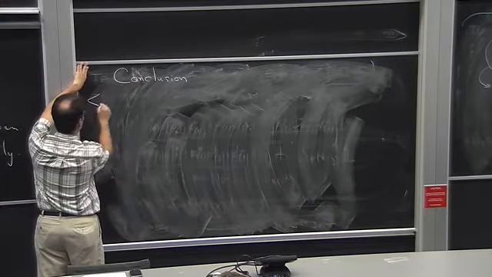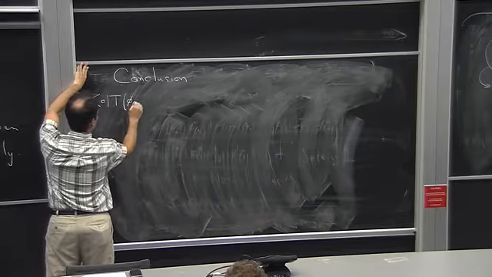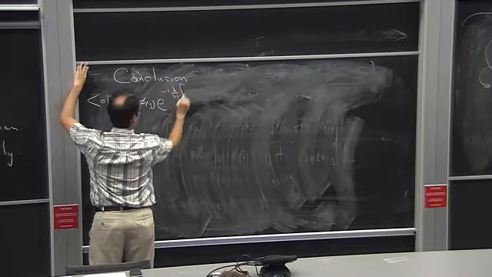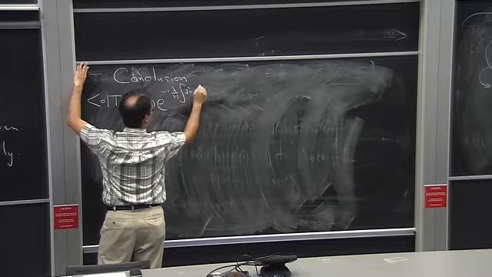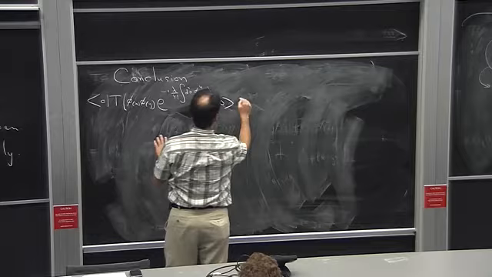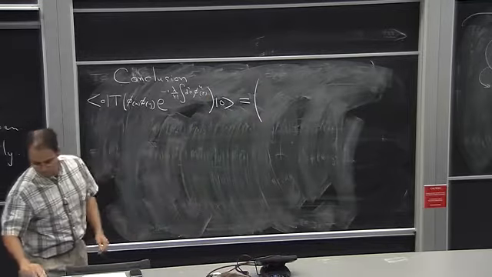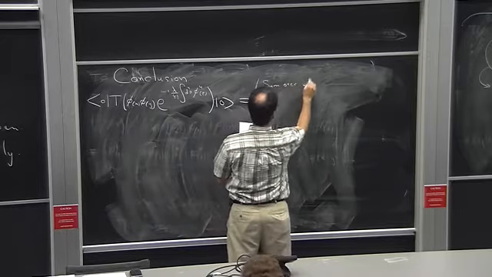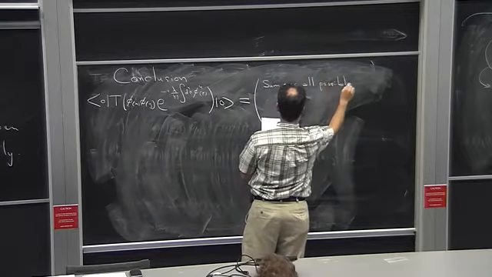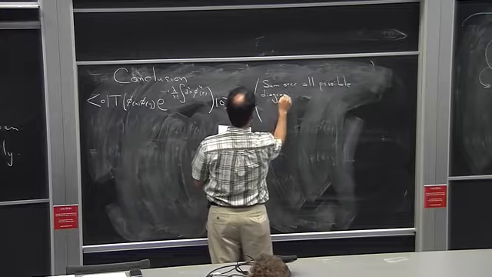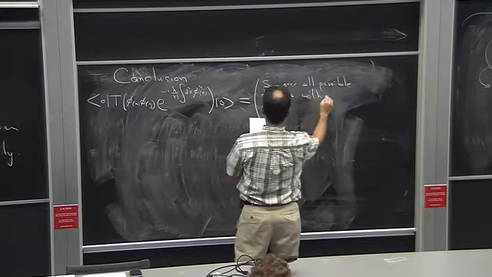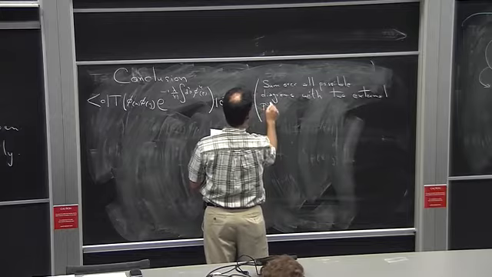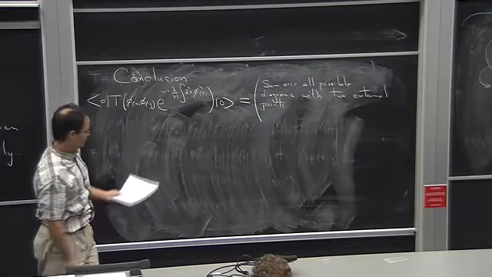The conclusion is that to compute this object, all you have to do is sum over all possible diagrams with 2 external points, x and y, okay?